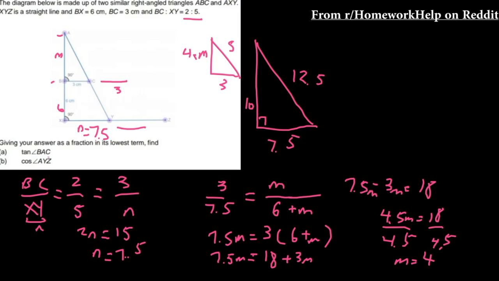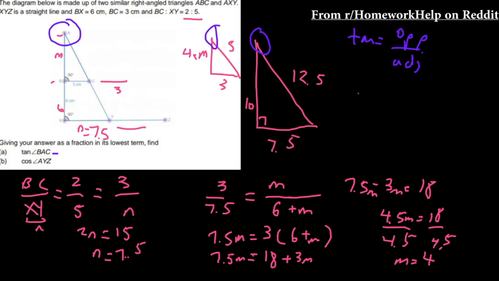Now the next part states that you need to get the tan of angle BAC. Angle BAC is this angle over here. So tan equals opposite over adjacent.